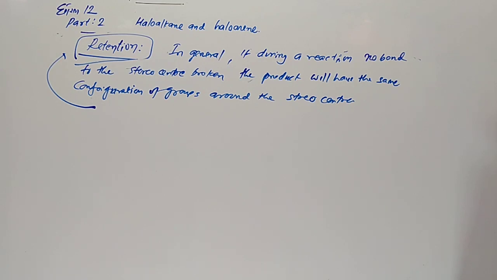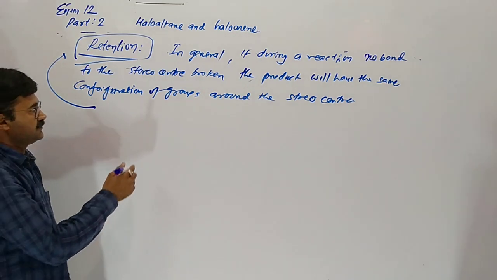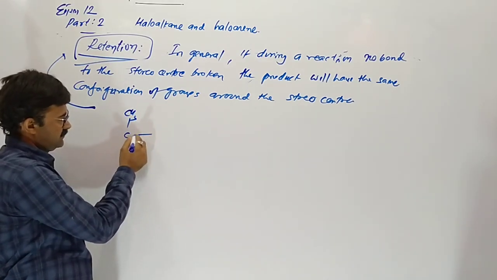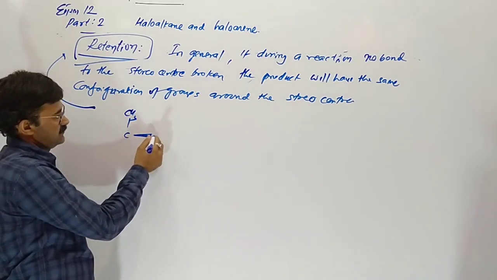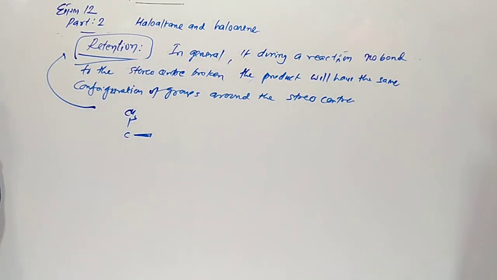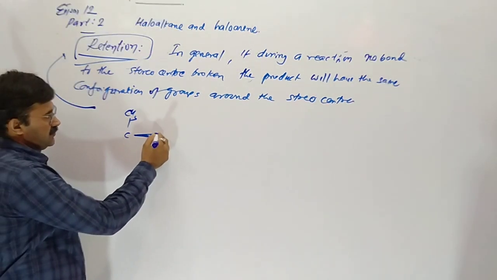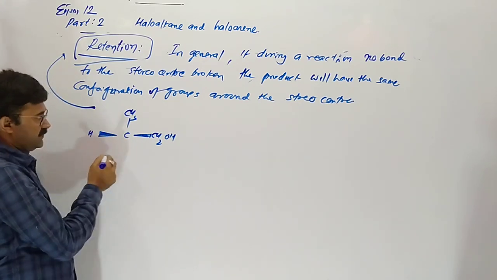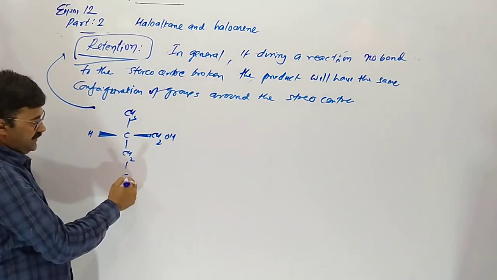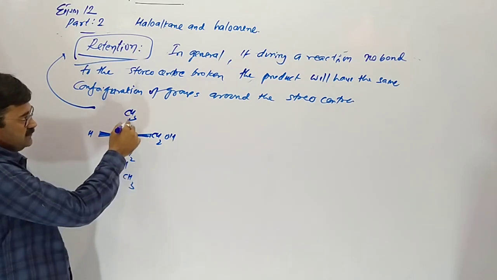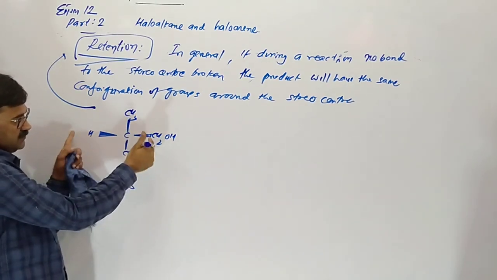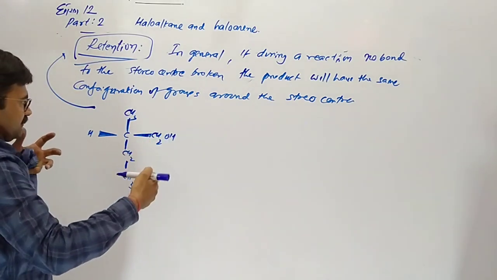Yes, we are taking the example 2-methylbutan-1-ol. Here is CH3, then CH2OH. These wedges indicate behind the plane, and these two indicate in front of the plane.